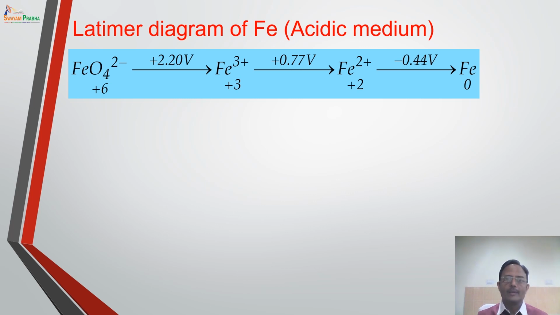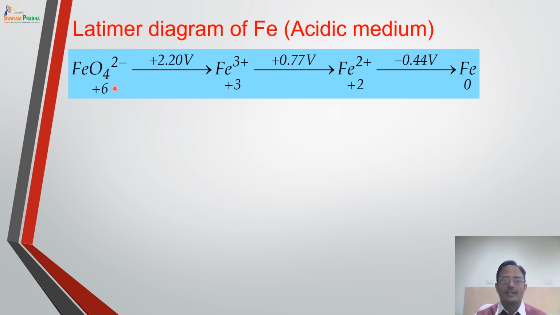Coming to the Latimer diagram of iron. Now iron exists in the +6, +3, +2 and 0 oxidation states. This is a Latimer diagram in acidic medium. These are the reduction potentials. You will find these two reduction potentials are positive.